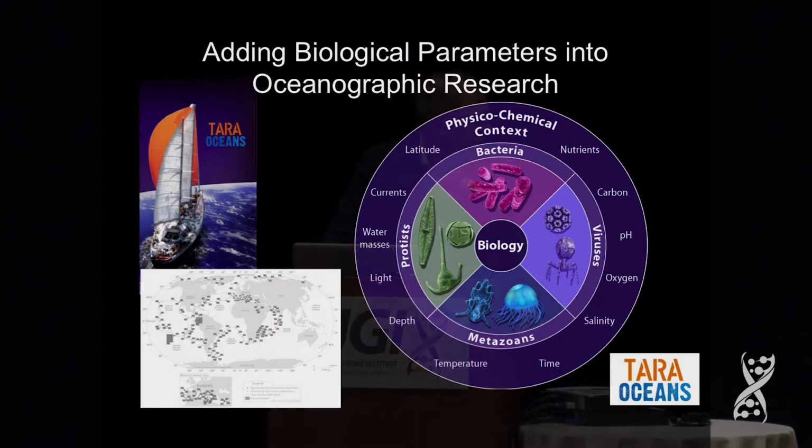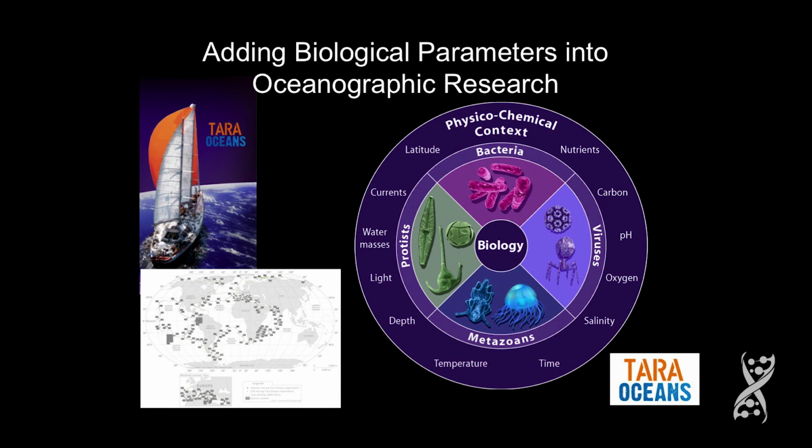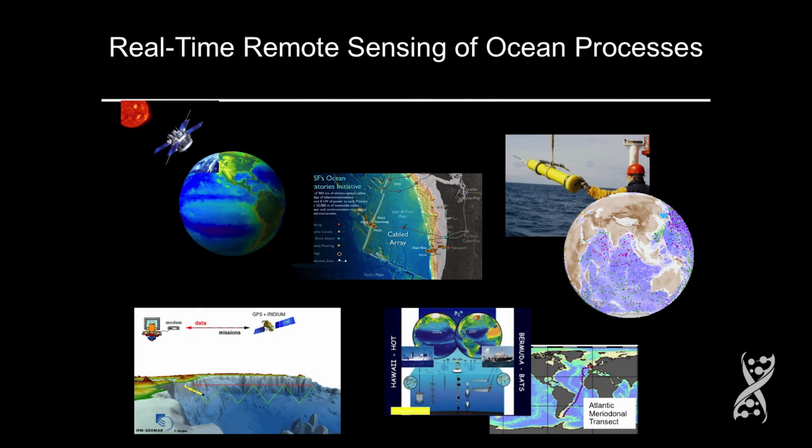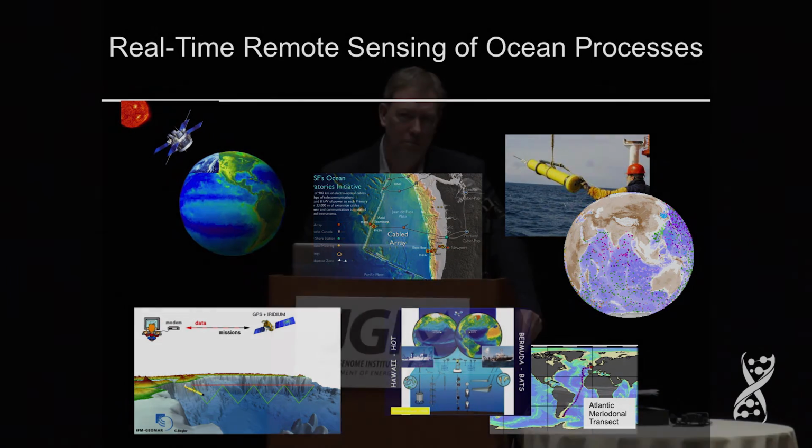The sorts of things you can do with it, besides looking at individual genes and individual organisms, is try to put the biology in the context of the physics and the chemistry of the ocean. As I said, we tried to collect a lot of physicochemical data during the expedition. And some of this data we brought in from remote sensing, from satellites, for example, that measure chlorophyll in the surface ocean.